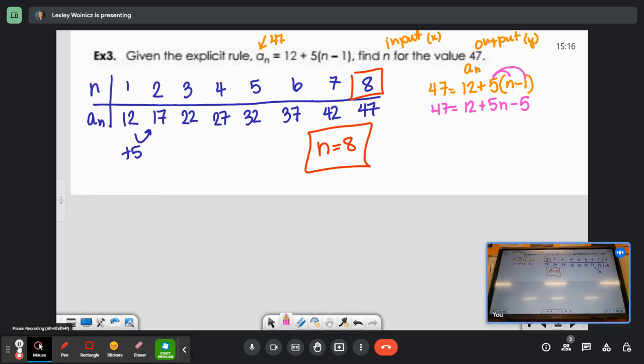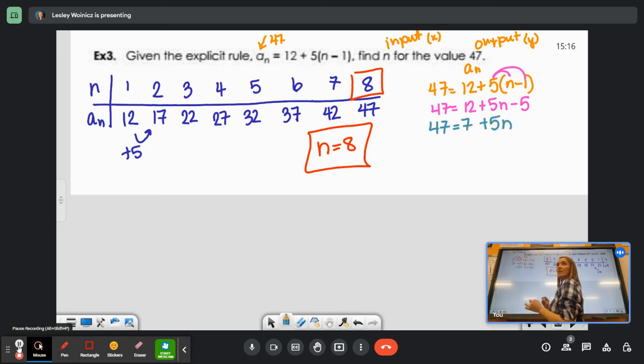Do we have some like terms to combine? Yes. Okay, so 12 minus 5 is 7. So I have 47 equals 7 plus 5n.